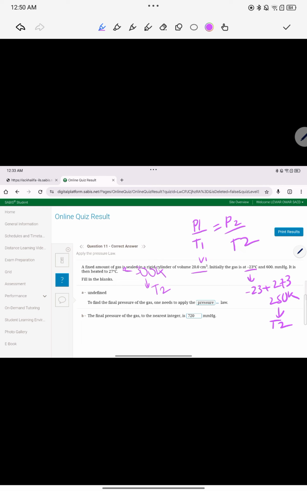Okay, so now we apply it. This is P1, sorry. So 20 over 250 equal to P2 over 300. Then you find it, you will get 720.